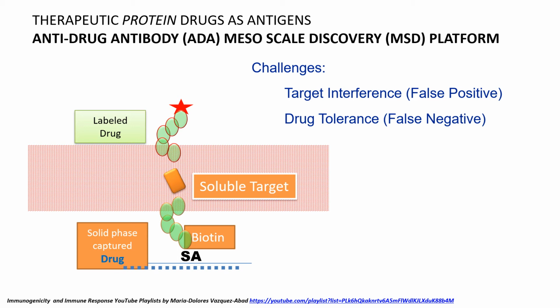And of course, it will bind the drug. After all, the drug was designed to bind that target. So when the target binds the solid phase bound drug, it's available for the labeled drug to bind. So there are no antidrug antibodies in this example, but we will have a positive result. So in target interference, we're talking that if there's a soluble target, there's going to be a false positive result.